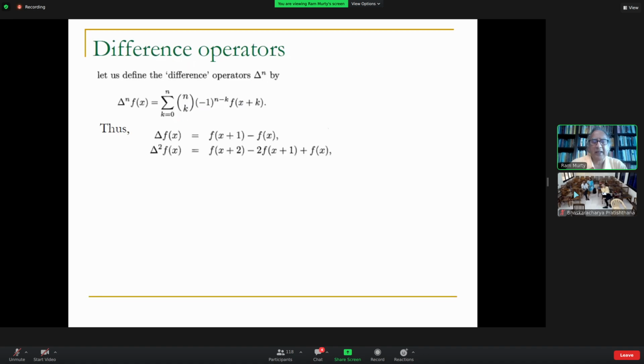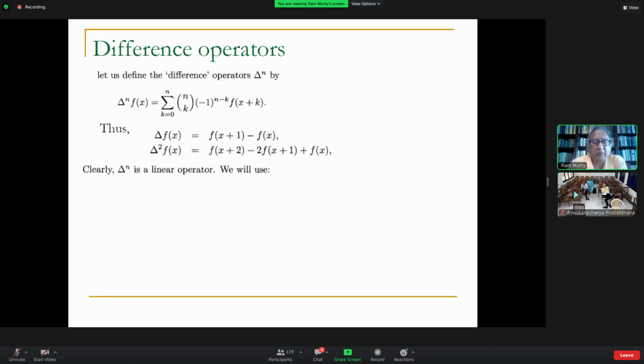So for n equals 1, the difference operator is simply f(x plus 1) minus f(x). When n equals 2, it is f(x plus 2) minus 2 f(x plus 1) plus f(x), and so on and so forth. You should think of these as discrete versions of differentiation, and they appear in the context of Mahler's proofs.